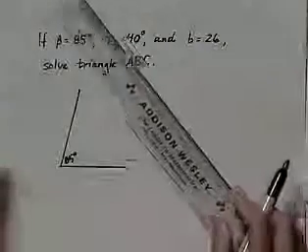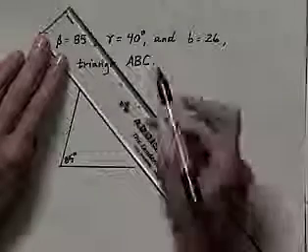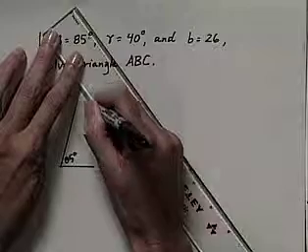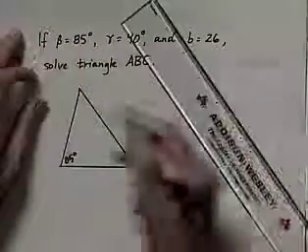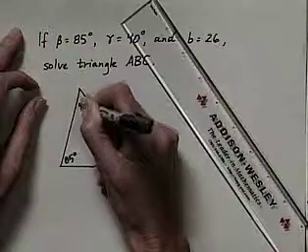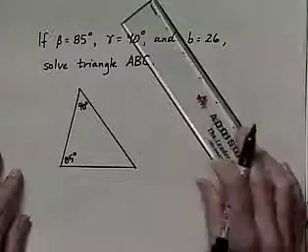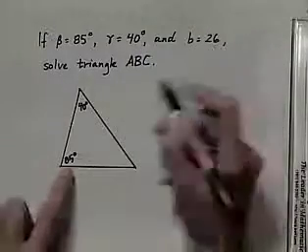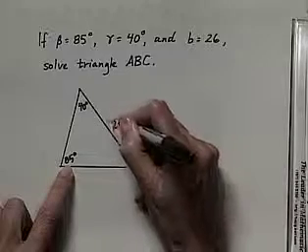So I'm going to go ahead and put another 40-degree angle into this triangle, and I'm going to connect these dots and put that 40 degrees at this vertex. And then I have that B, opposite beta, is going to be 26.